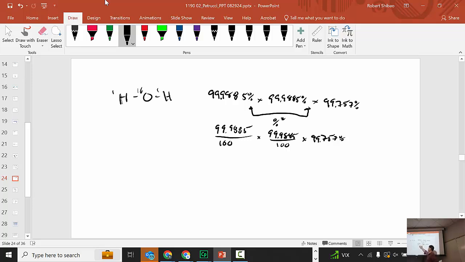Because the other choice was an H2, which had 0.0115%, or 0.0115 out of 100. So we have to make a choice for the left hydrogen, and if we pick H1, it gives us a 99.9885 out of 100 chance. If we pick H1 on the right as well, that's what we get, times 100%. Now the units will work out.